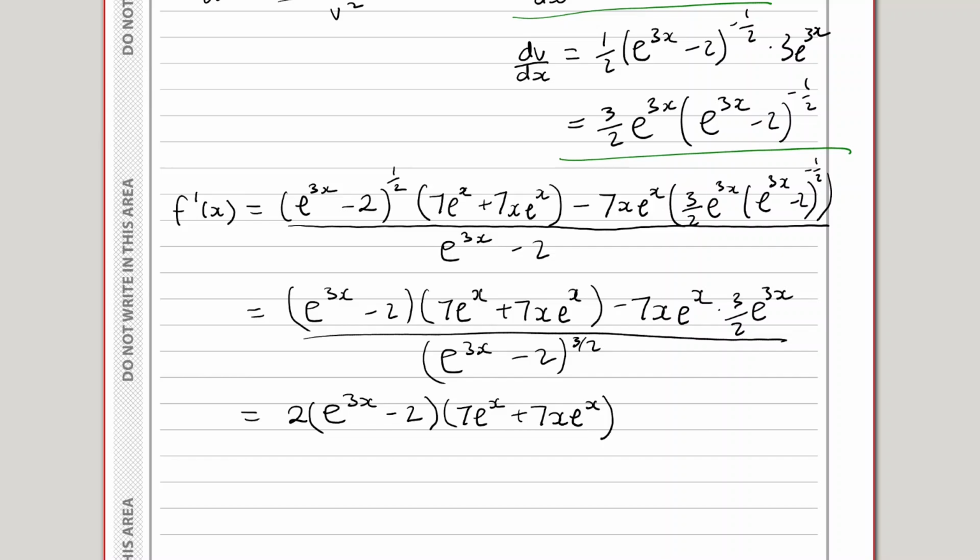I'm going to change that to just a 3. So I could write this as 21 over 2 and then double it. So it'd just be a 21. So 21x e^x times e^(3x). And now my denominator is what I wanted it to be.